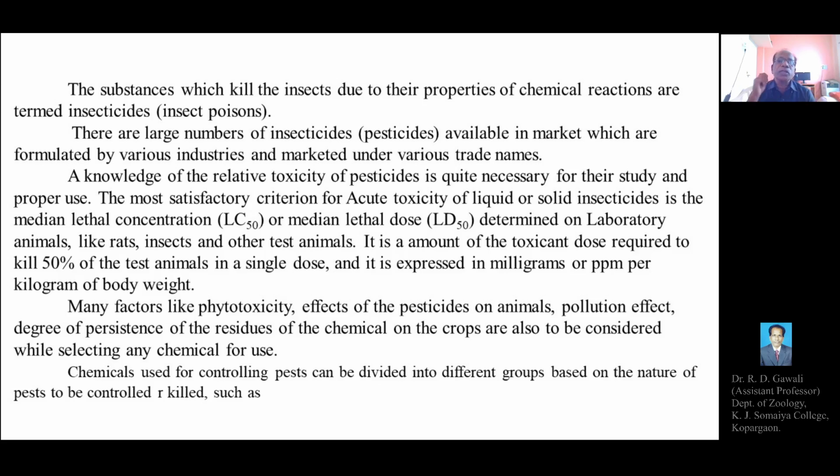The most satisfactory criterion for the acute toxicity of liquid or solid insecticides or pesticides is the median lethal concentration, that is LC50.